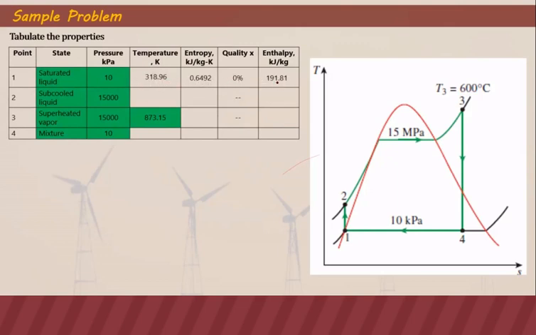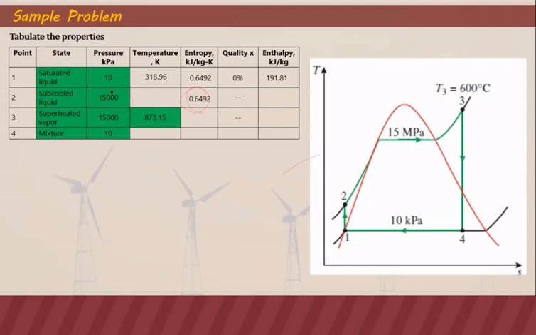From the previous calculation, we know the properties at point 1, and since point 1 to 2 is a constant entropy process, we have 0.6492. We know the pressure at point 2 is now 15,000 kilopascal.